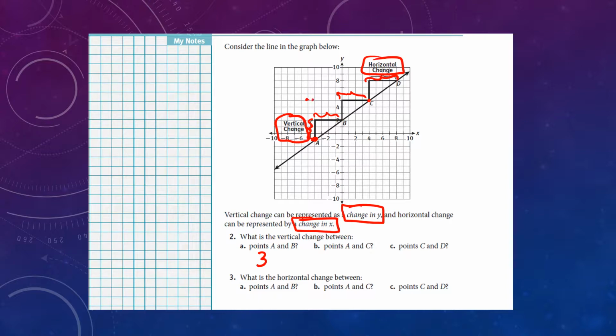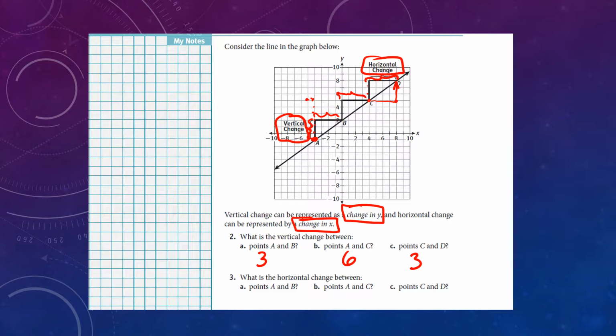So it goes up 1, 2, 3, 4, 5, 6. And how about between C and D? It just goes up 1, 2, 3. We're just talking about vertical change. How much is it going up from C, which would be this high right here, to D? How far is it going up?